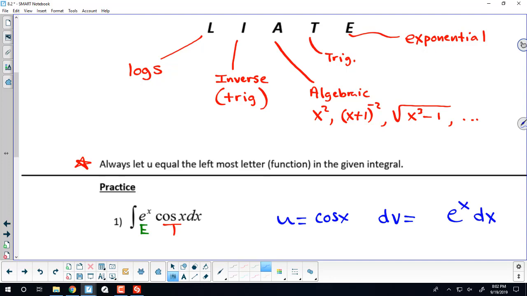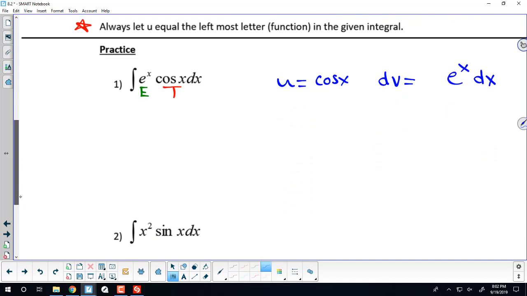Okay, how about x squared sine x dx? What should our u be here? The algebraic part, the x squared.